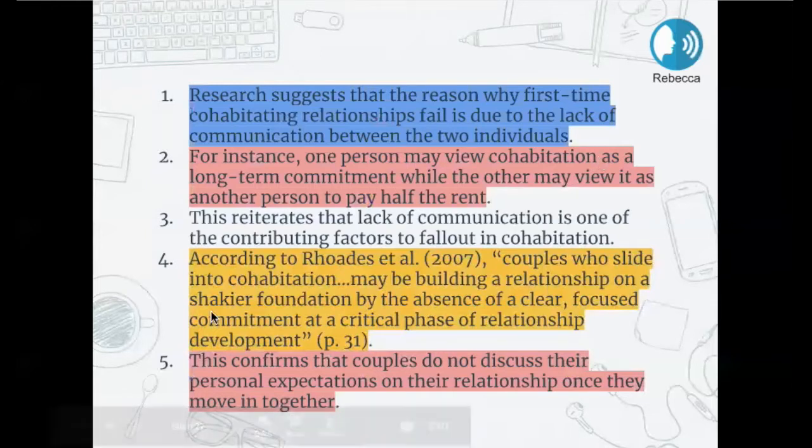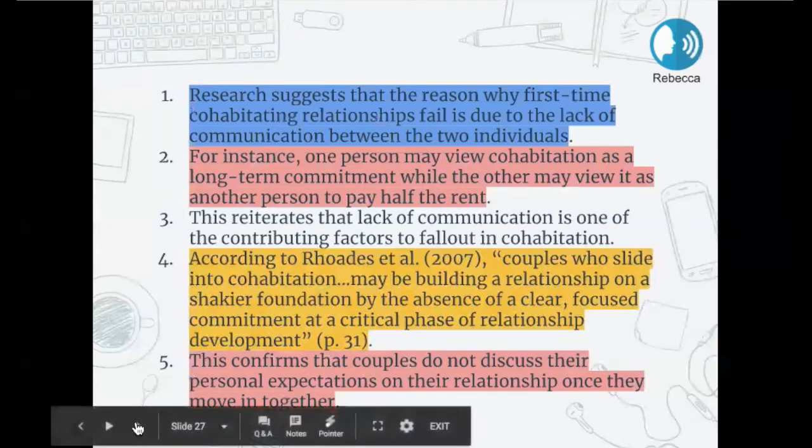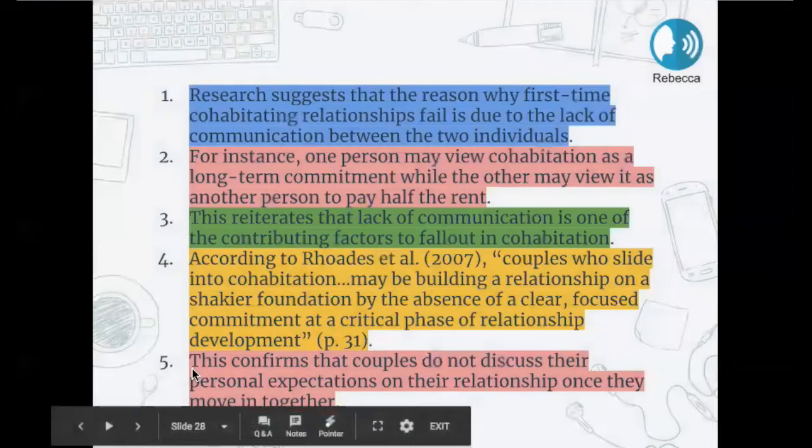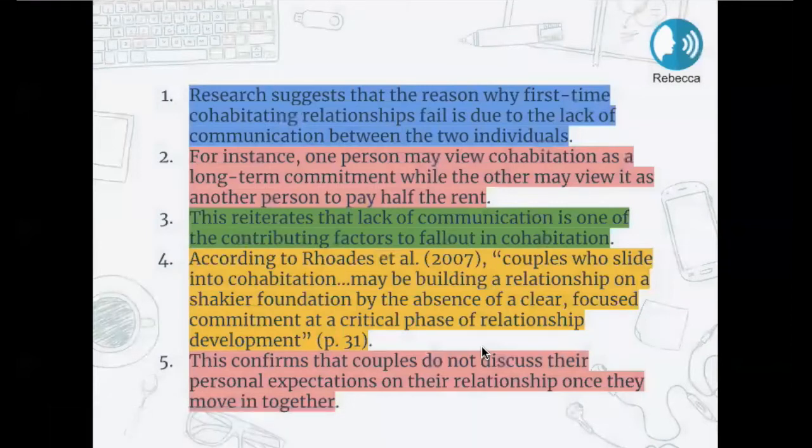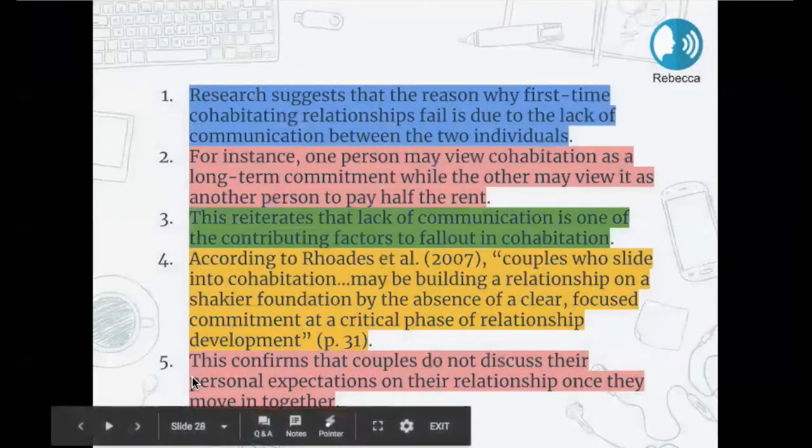Good job. So then that leaves the last one, the link, which is 3, right? So it just cycles back, reiterates that the lack of communication is one of the contributing factors to fallout in cohabitation. So it might just be that the thesis is about factors that relate to fallout when people live together.